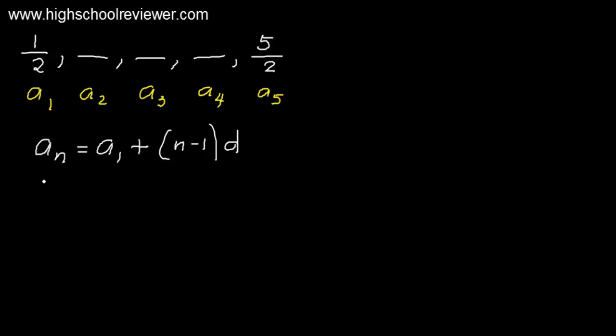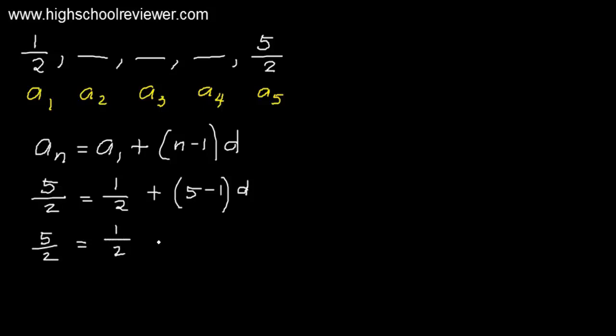So a sub 5, our value is 5 over 2, equal to a sub 1, which is 1 over 2, plus n, which is 5 since this is the fifth term, so 5 minus 1 multiplied by d. So we have 5 over 2 equals 1/2 plus 5 minus 1 is 4, 4 times d, that will be 4d.